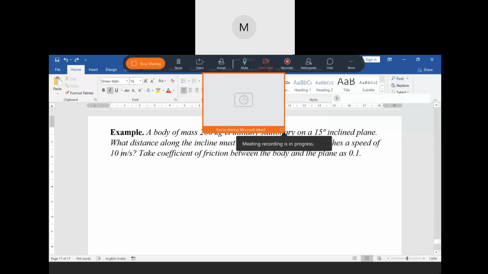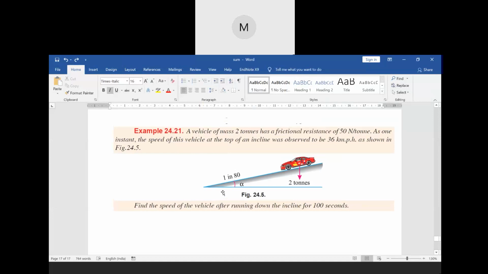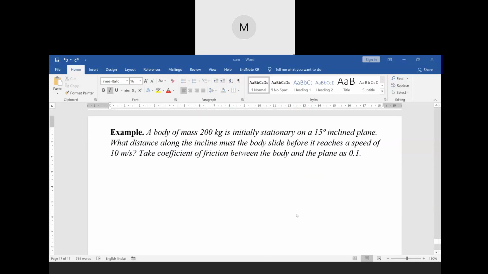Just do one thing. Those who are interested in solving this one, just take a screenshot. You'll have to do it on your own, or I'll discuss it in the next one or two classes. We'll do another one today. Is it okay? Better let me explain, I think so. No one is cooperating. Let me explain it.